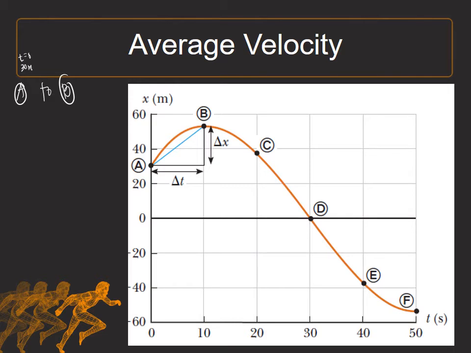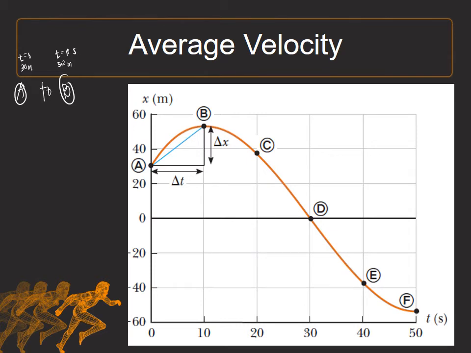So this is our initial point. And for point B, how much was it earlier? 52. So 52 meters. And that is after 10 seconds.